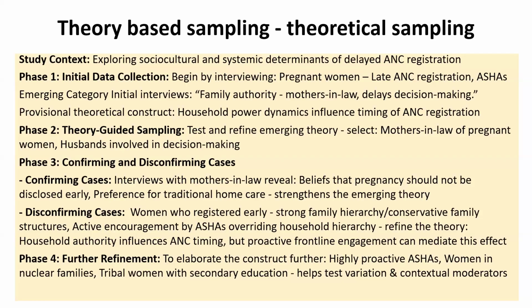Then phase 3, now you want to confirm and identify disconfirming cases. So you will identify for confirming cases mothers-in-law who reveal that yes, there are reasons. You know that there are mothers-in-law who have contributed directly, indirectly to delays in decision making, which led to delay or late registration.